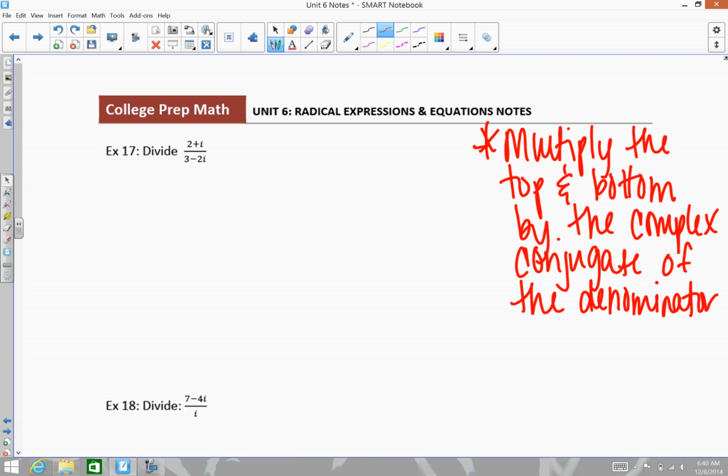So this is whenever you're dividing. So if you look, the complex conjugate is going to be, look at the denominator, rewrite it, but just change the sign. So since the sign is minus, it's going to become plus. So then it's 3 plus 2i.